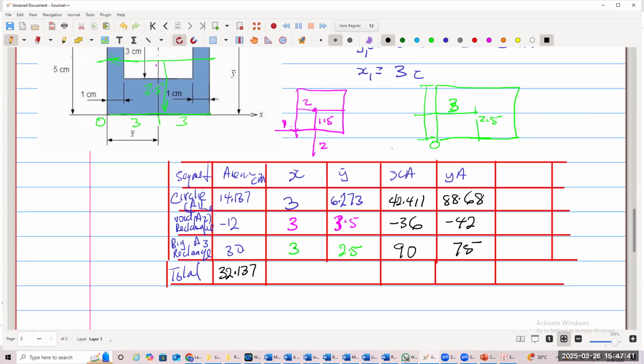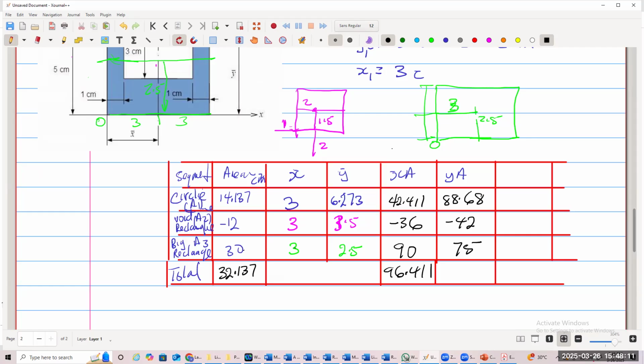And then the other columns now. So it is 42.411 minus 36 plus 90. How much do you get? 96.411.